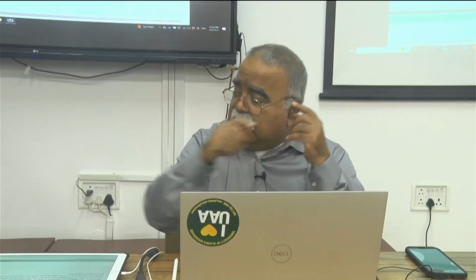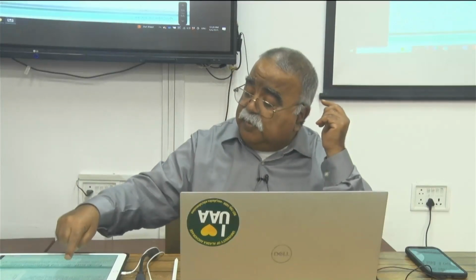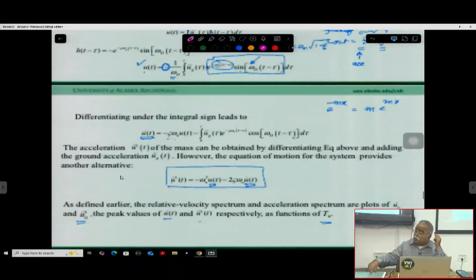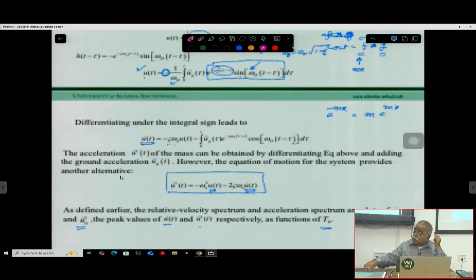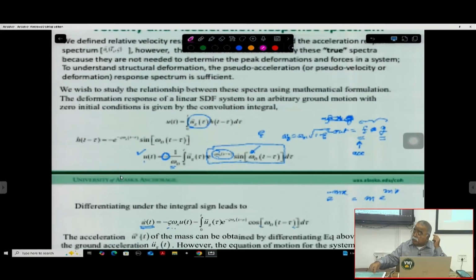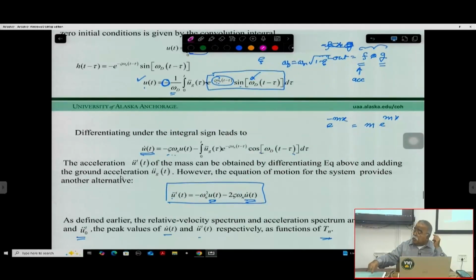But if you need to calculate SA or the relative velocity, then you have to differentiate your u double dot t and u dot t and calculate those numbers, right? So you have to use this part.